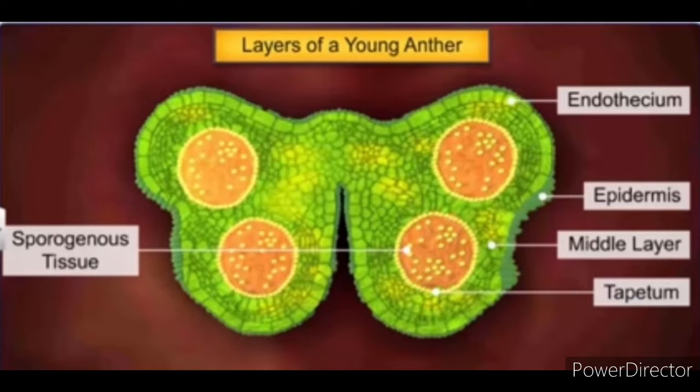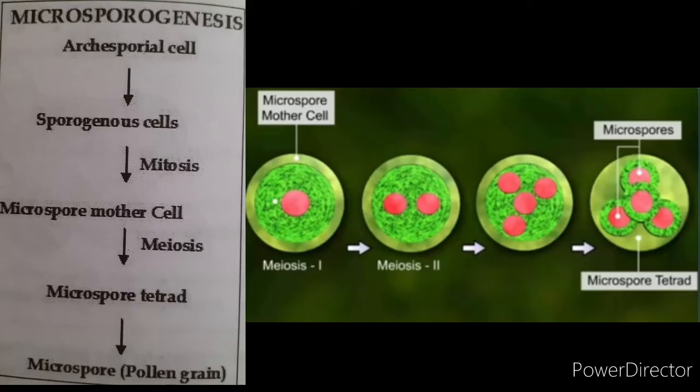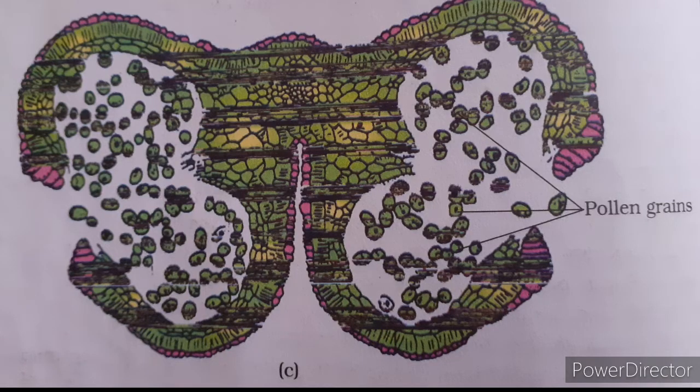Again we discussed microsporogenesis: from the archesporial cell, sporogenous cells by mitosis form microspore mother cells, through meiosis form the microspore tetrad, then the microspores or pollen grains are released.